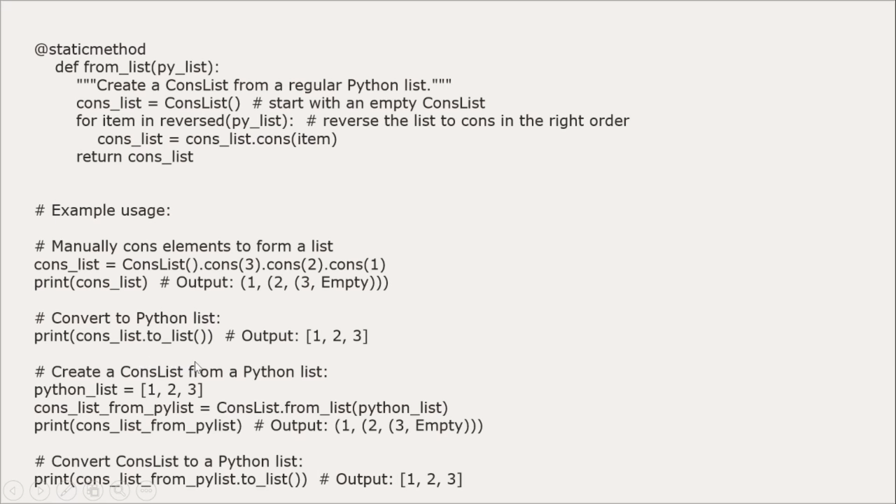We are converting this cons list into a Python list by printing cons list.to_list, and we are creating a cons list from a Python list.